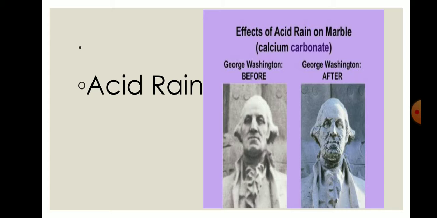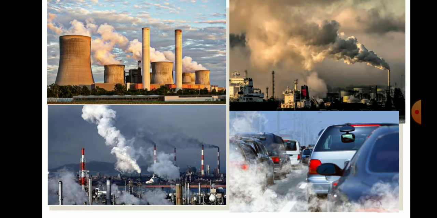But students, this acidic rain is caused by us. And how? What is our role in creating this acidic rain? Let us know. Here you can see these pictures. Can you find any similarity among them? Think about it. What is similar in these four images?